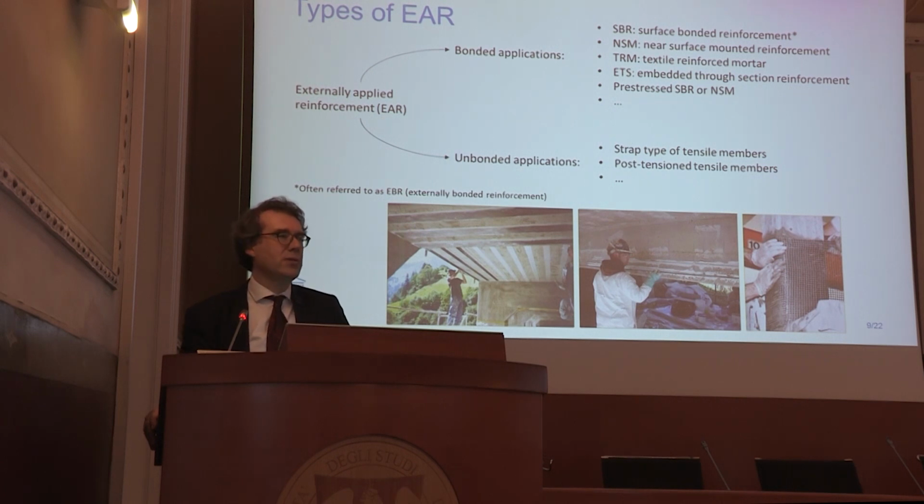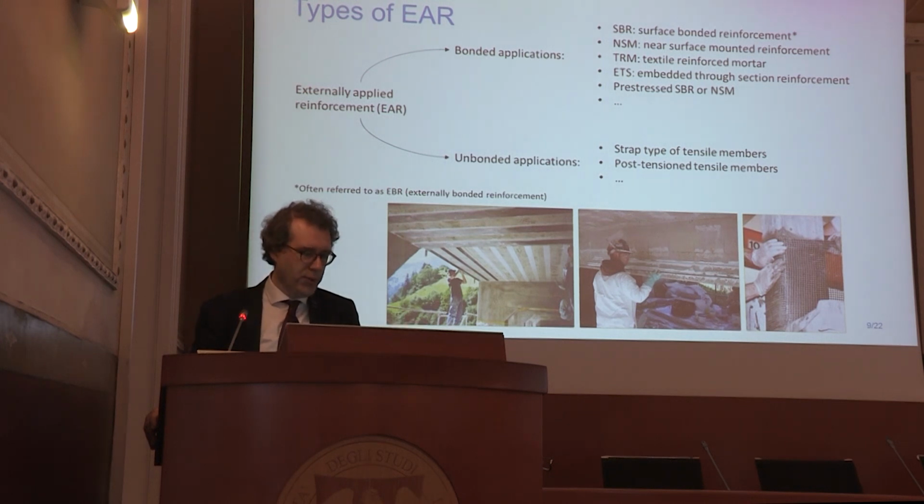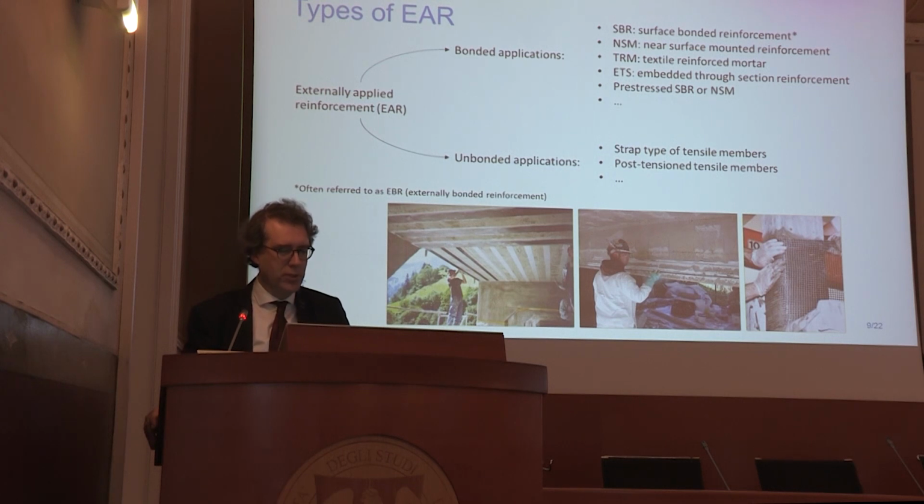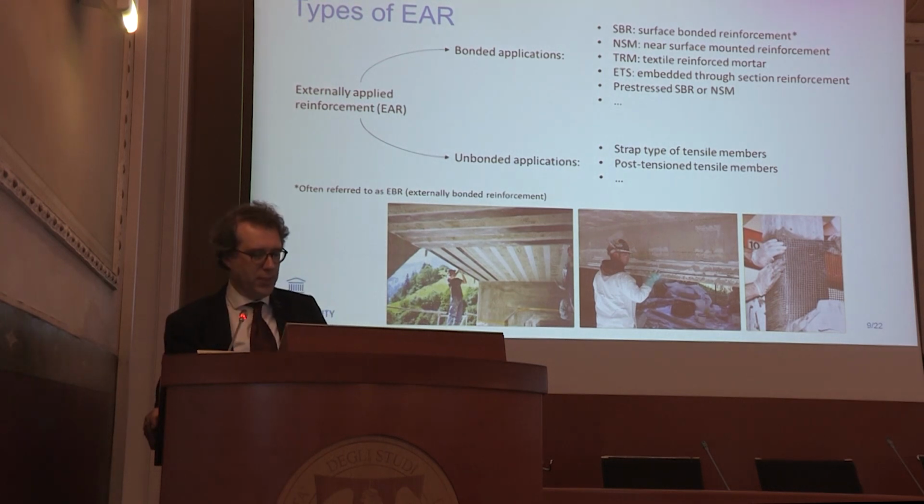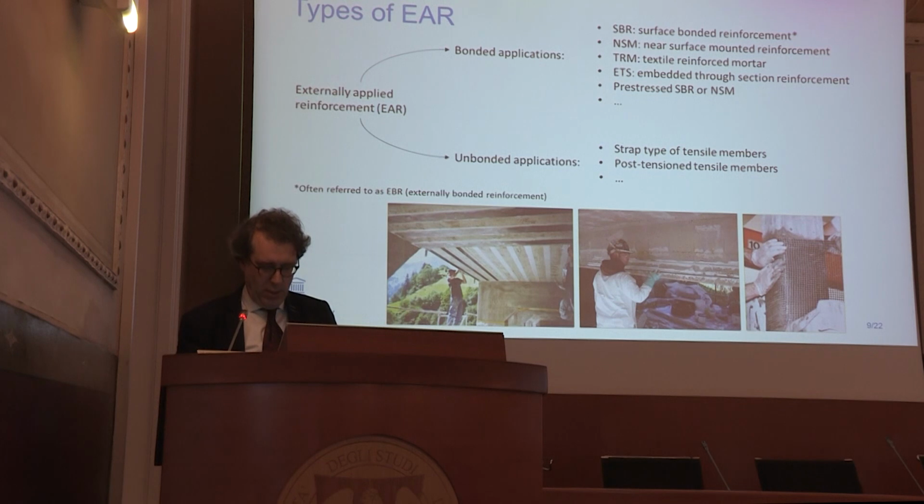In addition to that, more and more upcoming are also other techniques like near surface mounted reinforcement and textile reinforced mortar. Also pre-stressing can be achieved by means of these FRP materials, either in a bonded application but also in an unbonded application if you go, for example, to post-tensioning technologies.